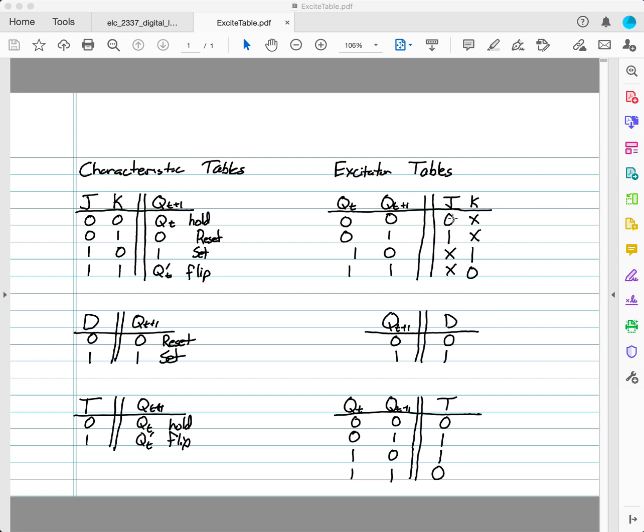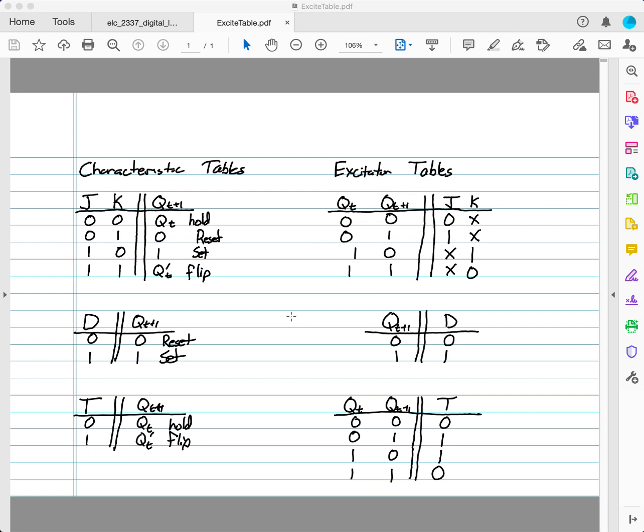The JK flip-flops, if you look at it, ignore the X's for a second, you get this 0, 1, 1, 0 pattern going from J jogging over to K. We're going to have that exact pattern here, and it'll make sense why that's popping out.